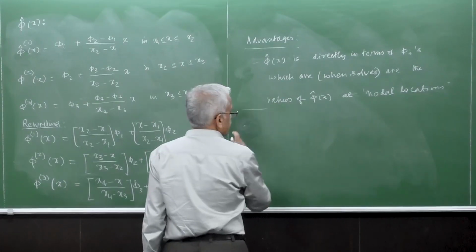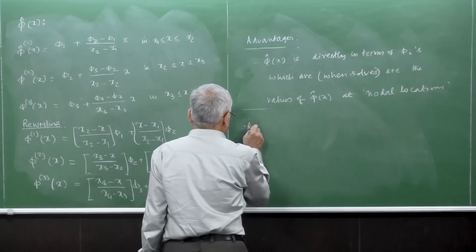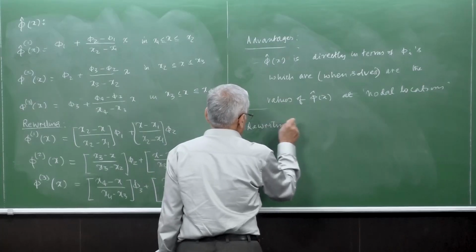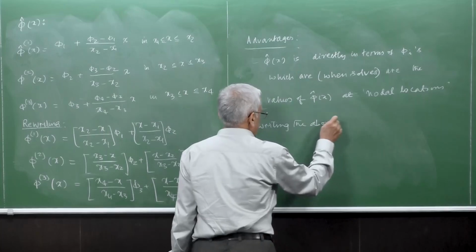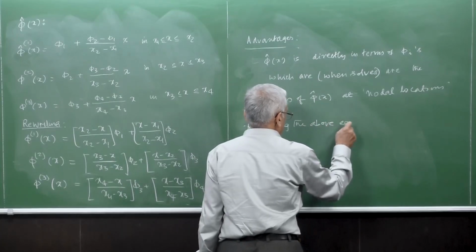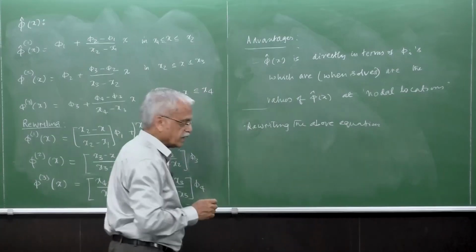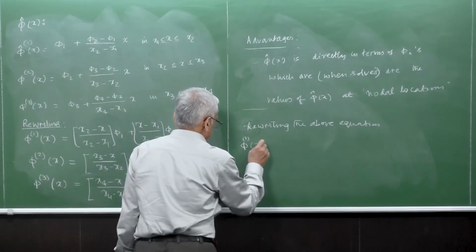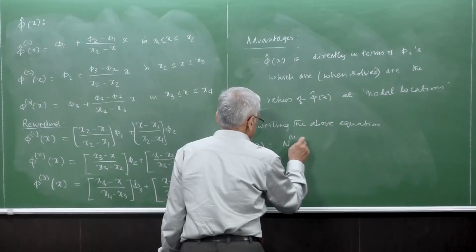So this is a tremendous advantage. Rewriting the above equation in a concise manner, we will write phi1x as N11.